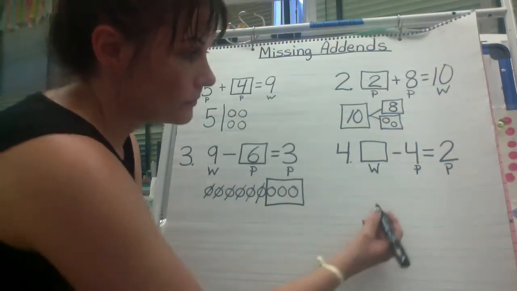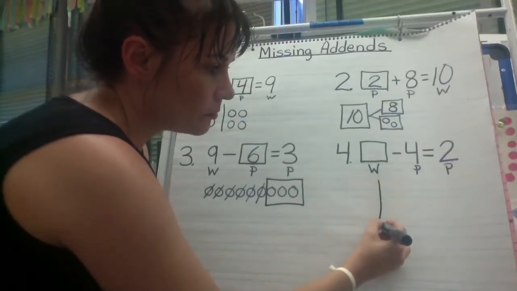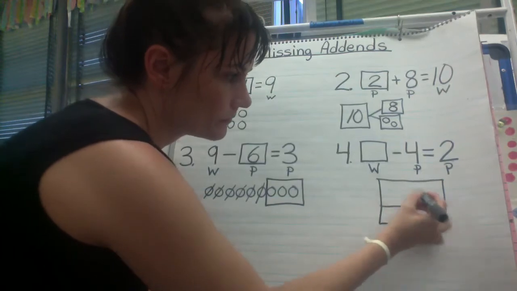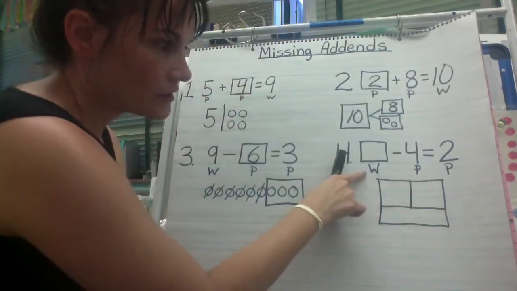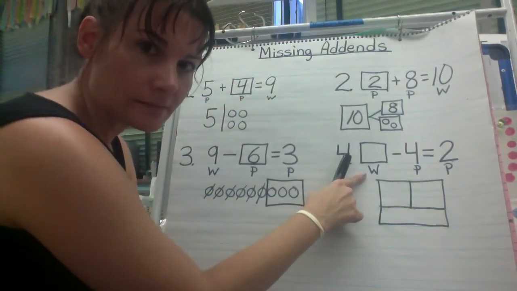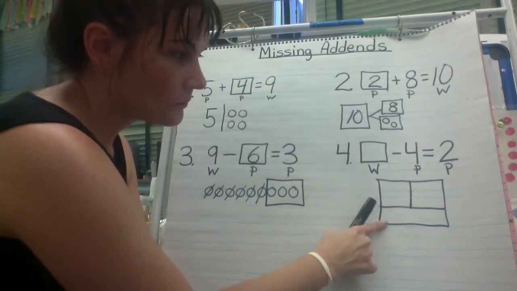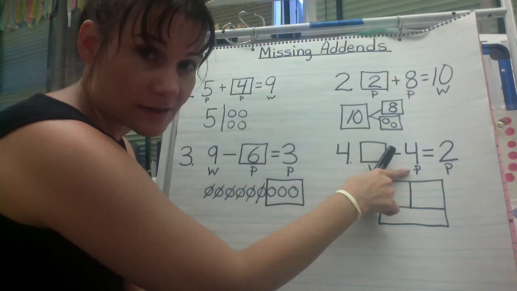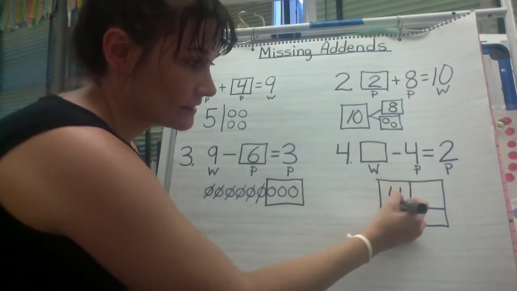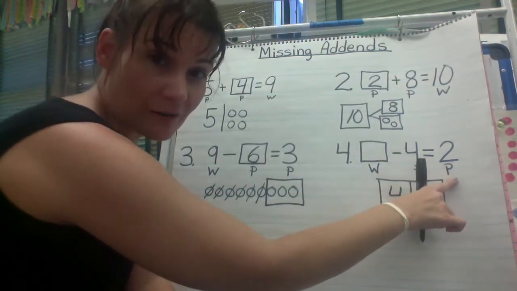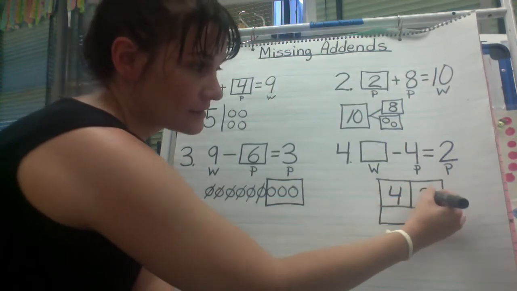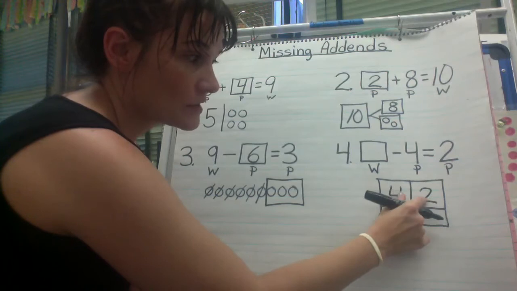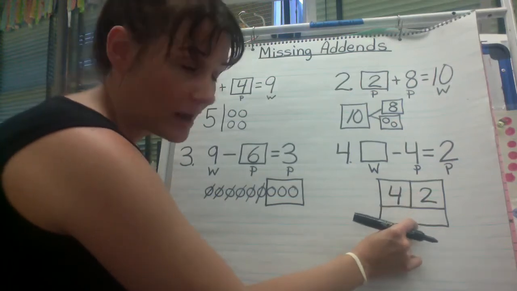Well, I know that if I had a part whole, do I know what my whole is? No. Do I know one of my parts? Yes. Do I know my other part? Yes. And I know my 2 parts go together to equal my whole.